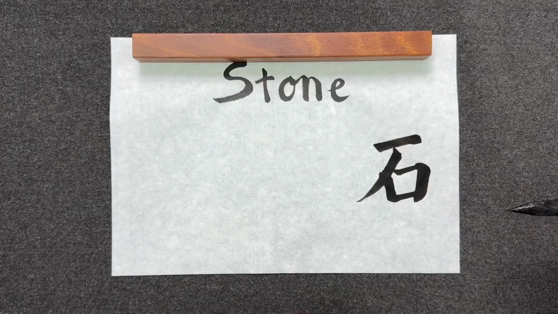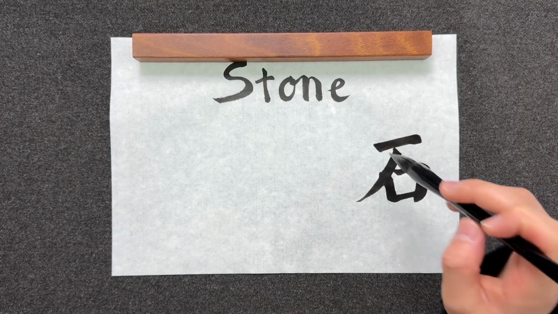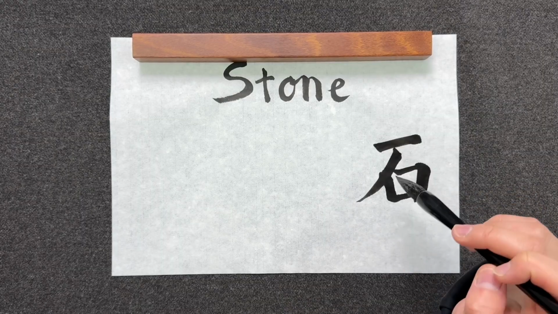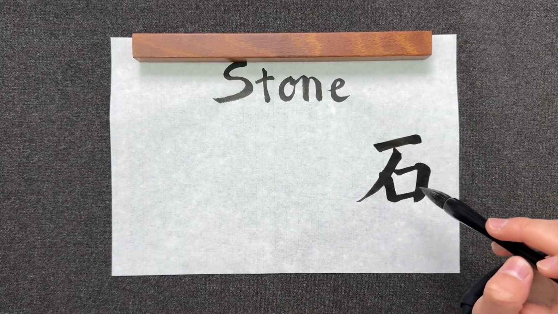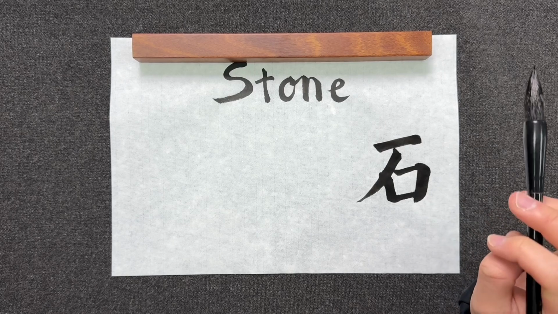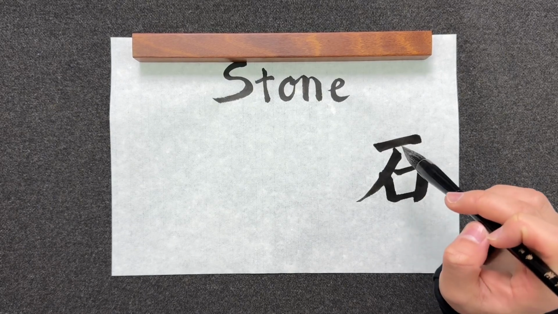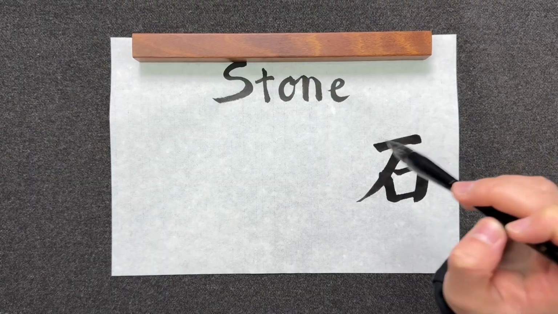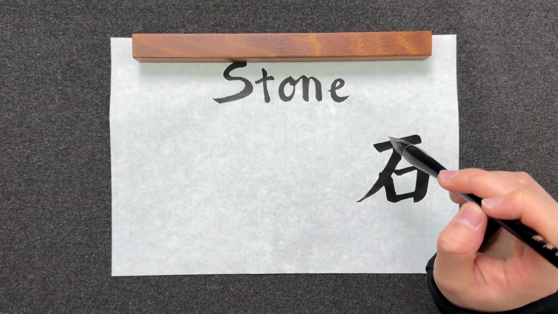So this is the character for 石 in regular script, and is comprised of a horizontal stroke, a left falling stroke, a short vertical stroke, a turning stroke, and finally a short horizontal stroke. So note that the left falling stroke here is different from the one that I've written in Yue, the character for moon.